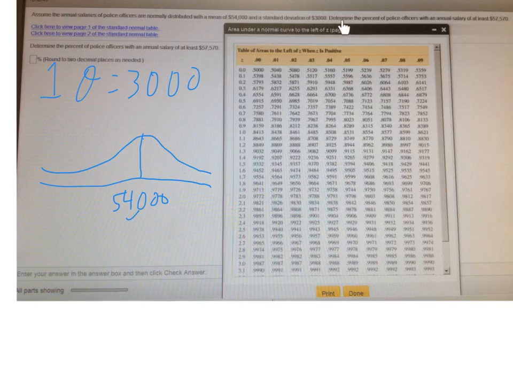Given that, determine the percentage of police officers with an annual salary of at least $57,570. They give you these two figures, and we need table 2. We want those with at least 57,570 on our normal curve.